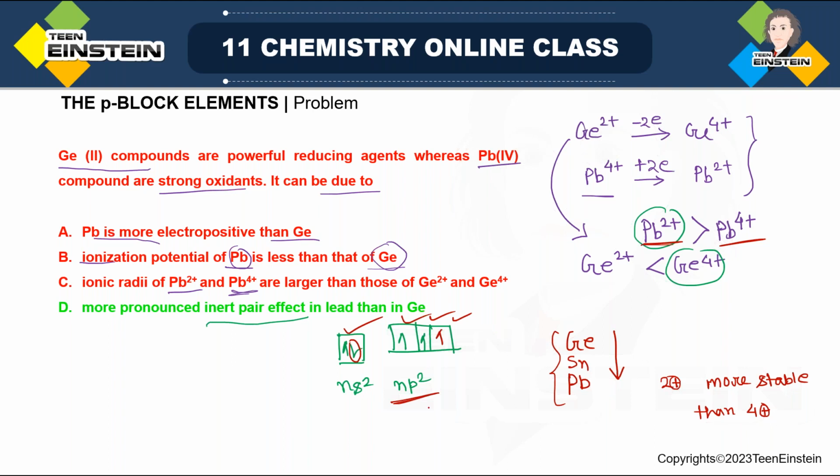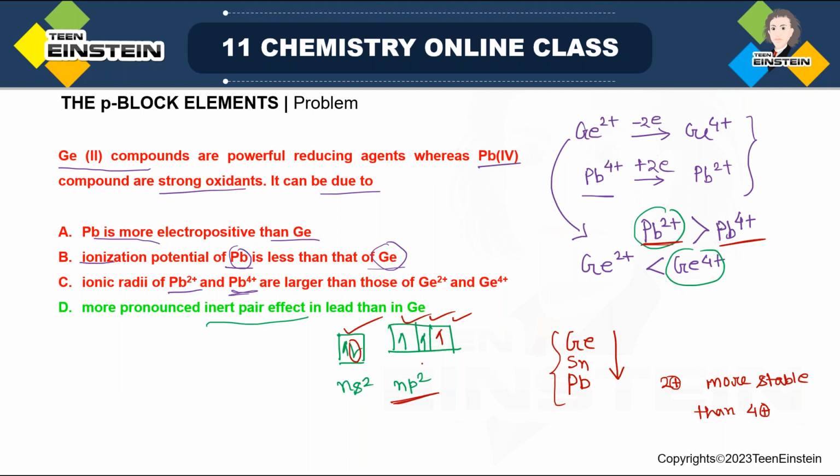At most the 2 electrons present in np2 in case of Pb can be used for bond formation, but the ns2 pair we cannot easily break because of the inert pair effect. So that is why this is the correct option: the inert pair effect in case of lead is more pronounced compared to germanium, and that is the reason lead will prefer the 2+ state and germanium will prefer the 4+ state.